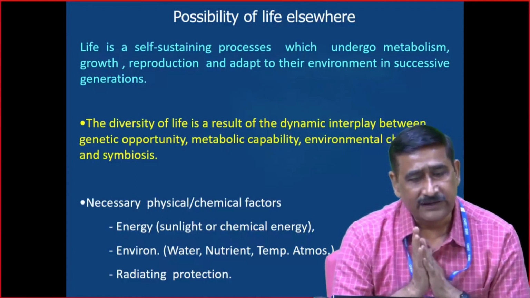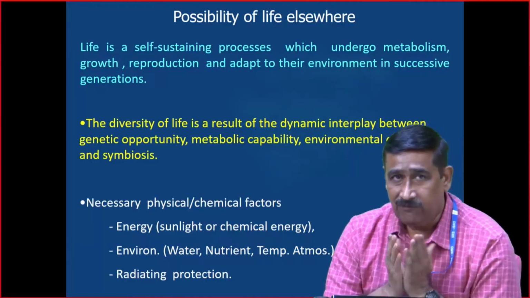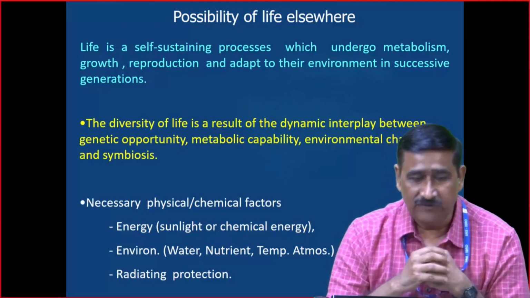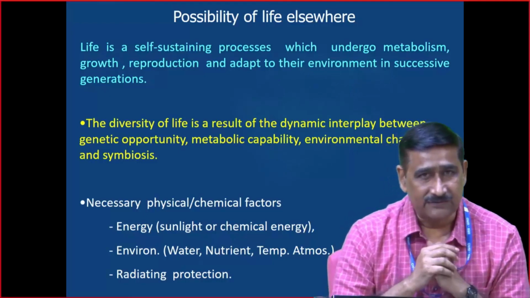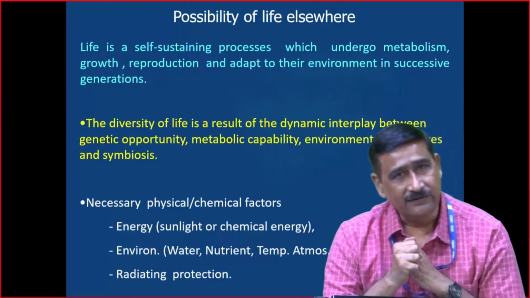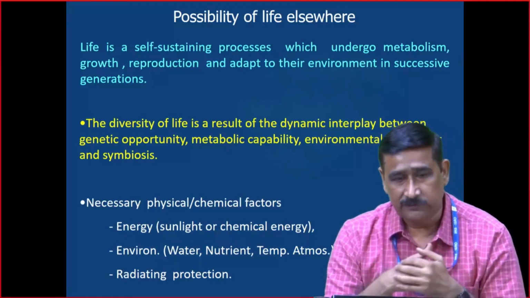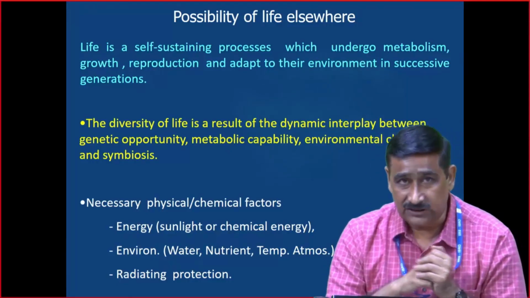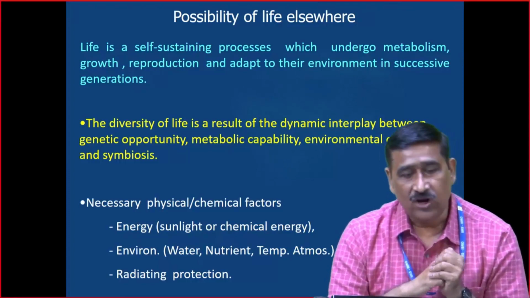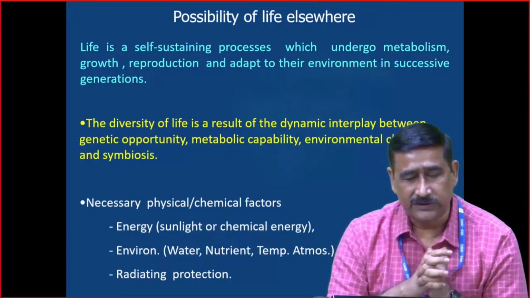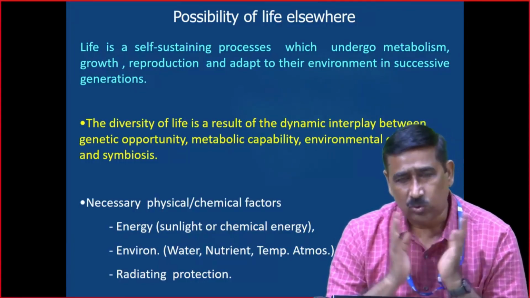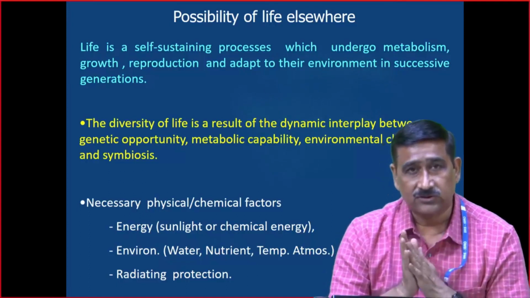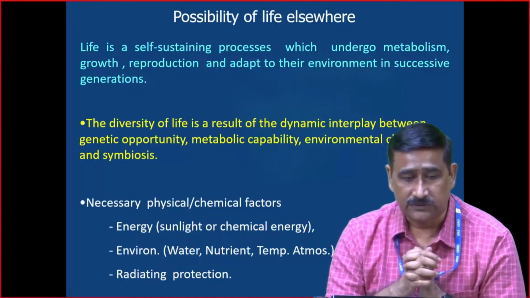What are the necessary physical and chemical factors for life to exist? Obviously, energy is the first factor. Generally, we think it is sunlight which is responsible, but it can be chemical energy too. Environment is another variable we need, a conducive environment, which includes water, nutrients, temperature, and a particular atmospheric composition.